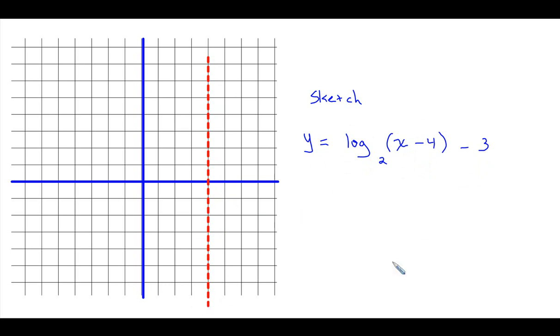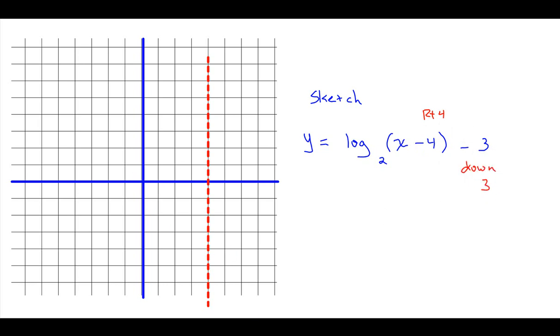And then now we go to the home point. Once again, there's no reflection to worry about, and there's no number in front of this log. We'll do an example of those later. Right now, our home point for a log function is typically at 1, 0. But these numbers are going to shift the graph. This -4 means we move the graph to the right 4, and this -3 means down 3.